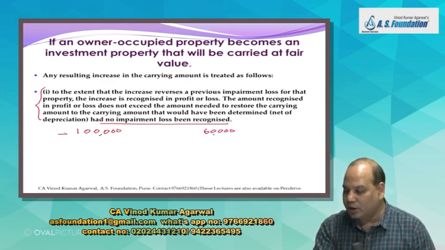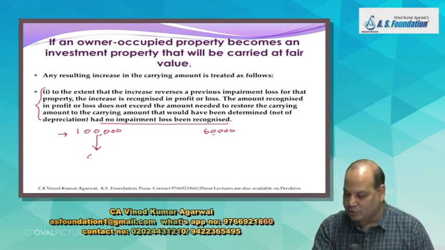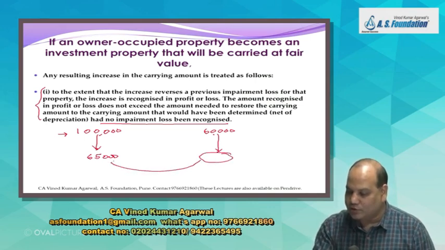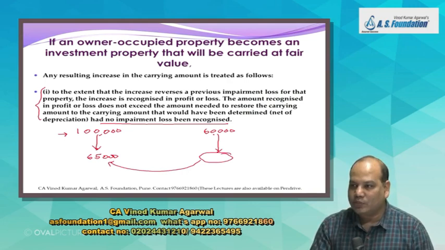Had you not provided the impairment loss, what would have been the carrying amount of the asset today? Suppose it would have been 65,000 only. Then you can reverse in such a manner that after reversal, it should not exceed the carrying amount that would have been determined.